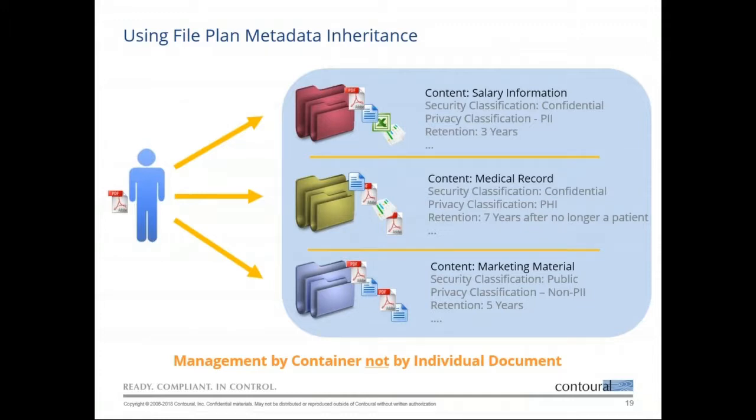If I have medical records that I know contain PHI, I want to make sure they go into a folder or a library or a container or a section of a particular storage area that is marked as medical records, and therefore will inherit that confidential security classification and that PHI privacy classification, as well as a retention, so that I can follow my own rules for how long I'm going to keep things, and I can also make sure that it's classified appropriately without the employee having to worry about it. They just know they have a medical record, and if they store it where the medical records belong, that metadata is inherited.